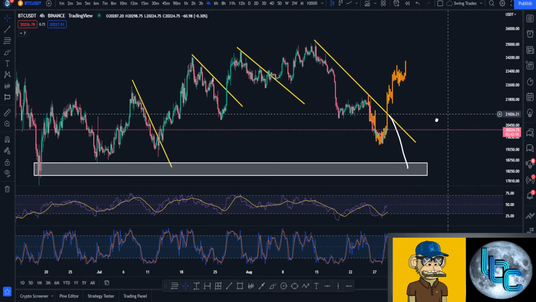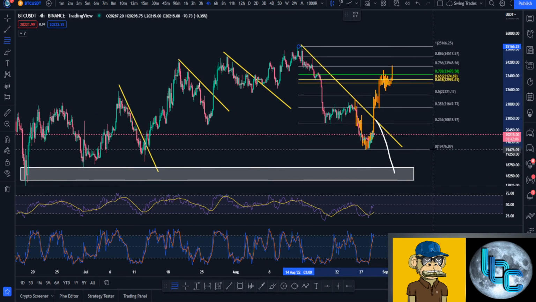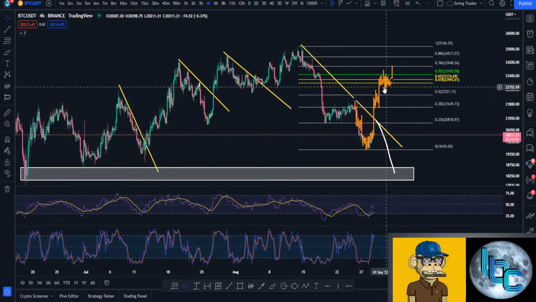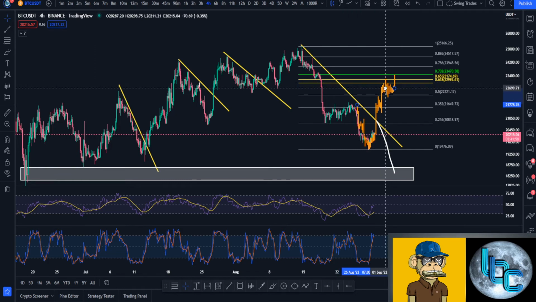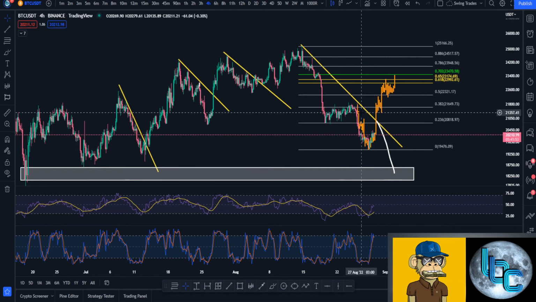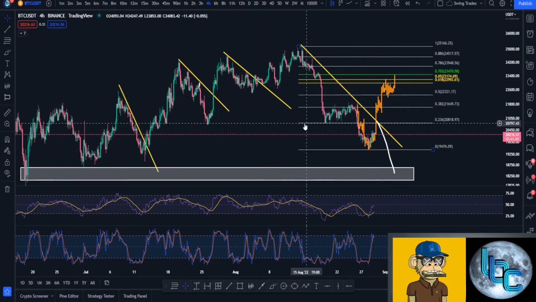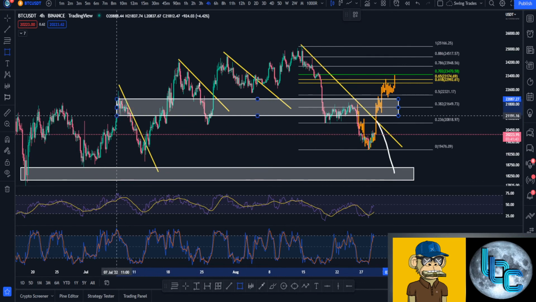But anyway, I did that, and then I was like, okay, let me throw a Fibonacci on here from swing low to swing high. Now, see, this is off. Earlier, this thing came right up to the 0.702 like that. So it's much closer to this, I believe, because we could definitely see some resistance at this level here.